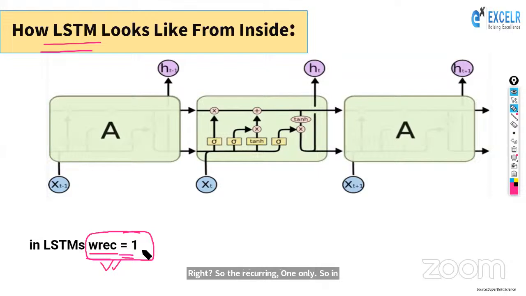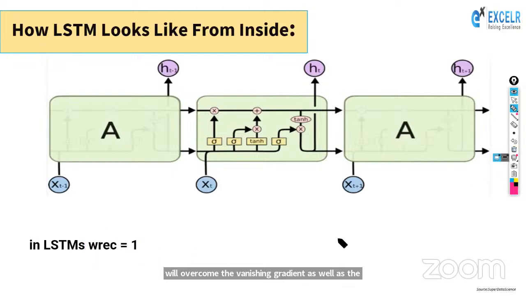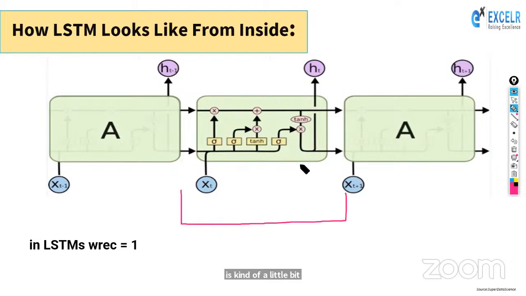In that way, it will overcome the vanishing gradient as well as the exploding gradient problem. Apart from that, here we have a little bit complex architecture, but don't worry, I will explain each and every point. It will be very easy, guys, once you understand the things related to the LSTM.